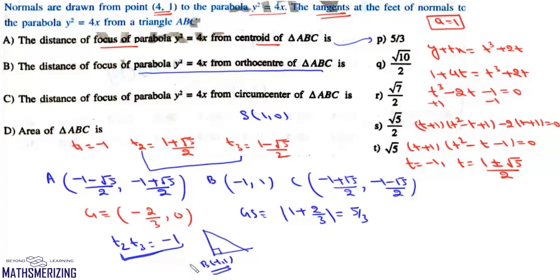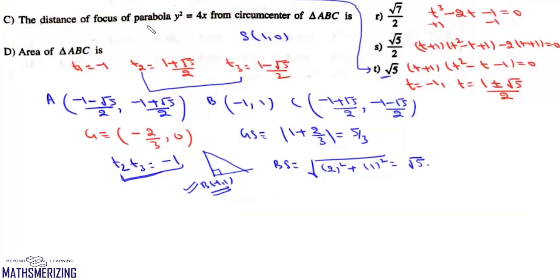So that means orthocenter of this triangle is at minus 1 comma 1. So distance of focus from orthocenter will be simply BS, under root of 2 square plus 1 square, so it will be simply root 5. So distance of focus from orthocenter of triangle ABC is simply root 5. That's your option number D.